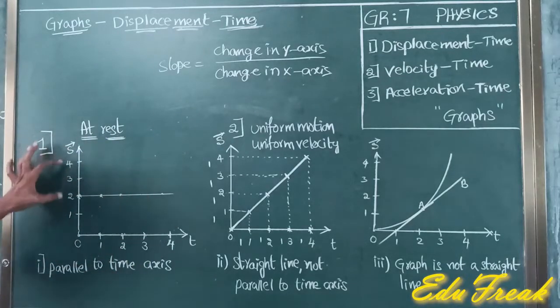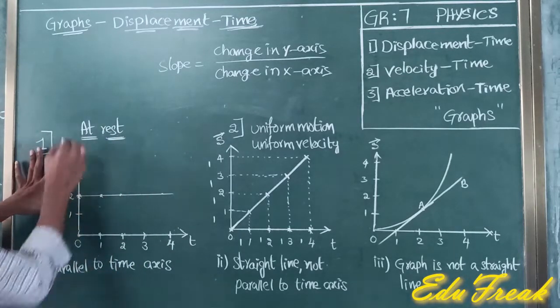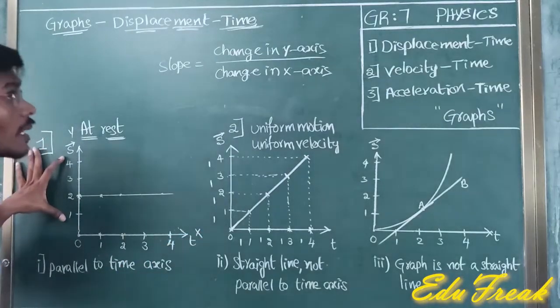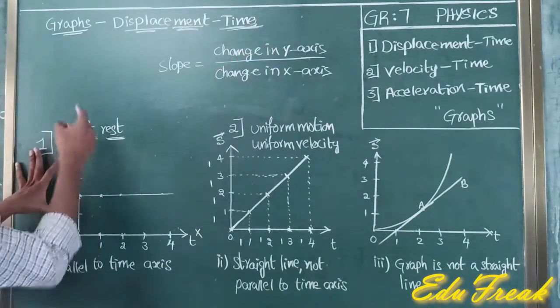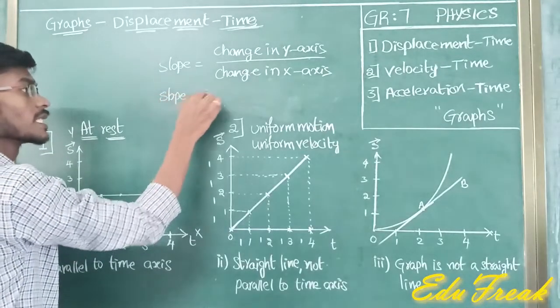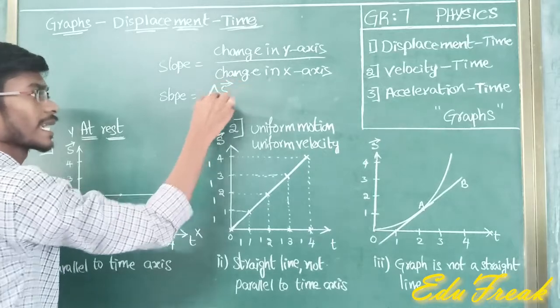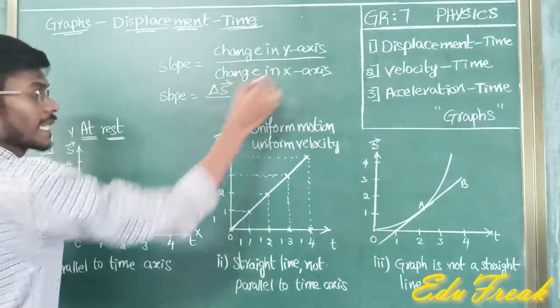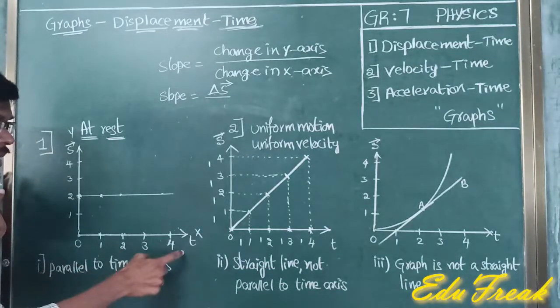If you observe this one, this is along the positive y-axis, this is along the positive x-axis. So, change in the y-axis means what? Change in displacement. Slope is equal to change in displacement divided by change in the x-axis, where delta represents change. Along the x-axis, what quantity do we have?